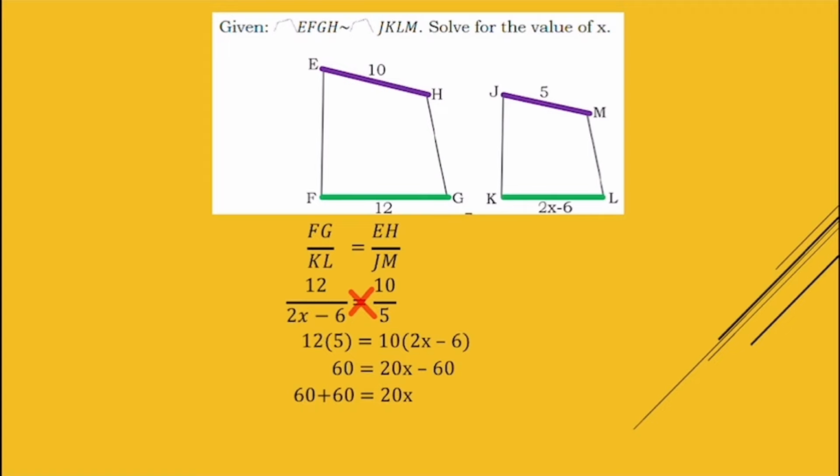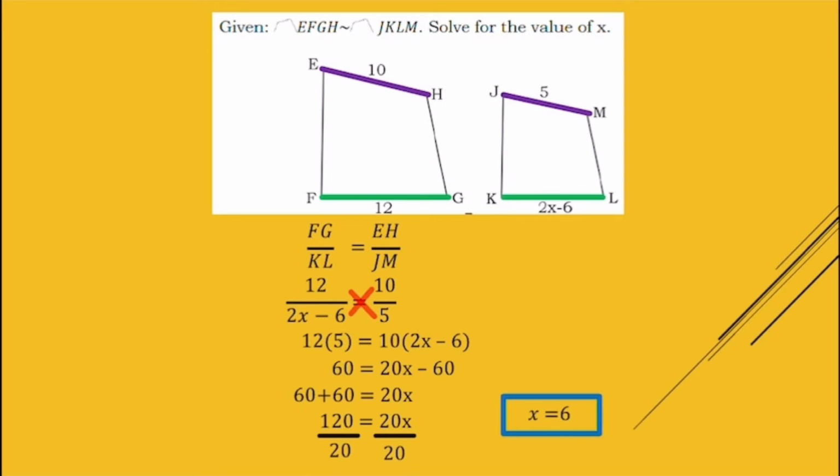So 60 plus 60 is equal to 120 is equal to 20x. Again, let's apply the division property of equality by dividing both sides by 20. So 20x divided by 20 is 1x or x, and 120 divided by 20 is equal to 6. So therefore, the answer for the value of x in our third example is 6.